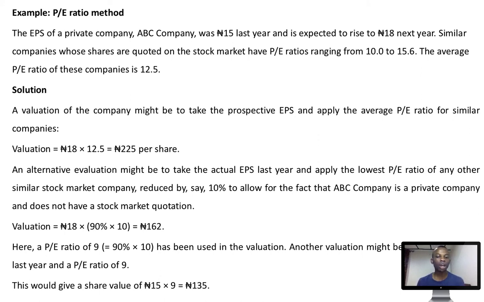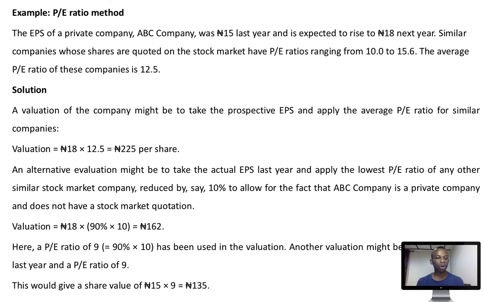So we are going to factor in the risks involved in a private company. That's why we are going to reduce the PE ratio by 10% to factor in the risks. So we are reducing by 10%.